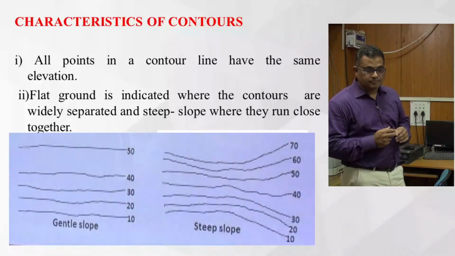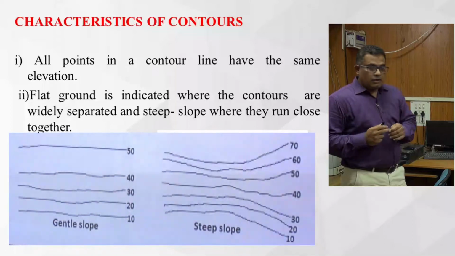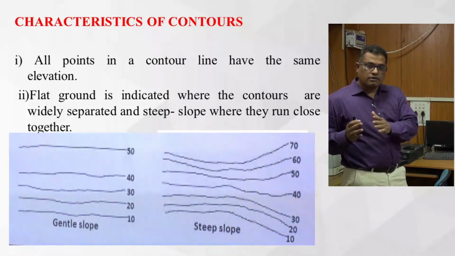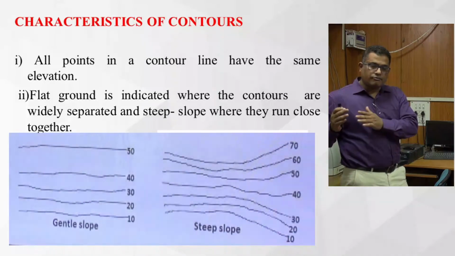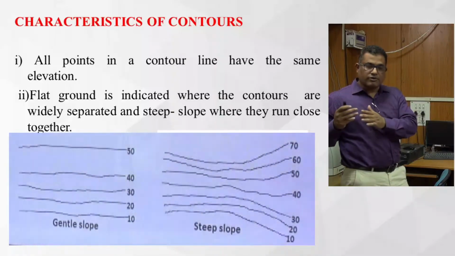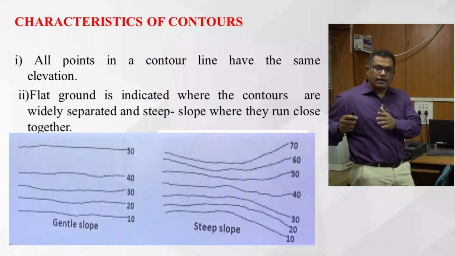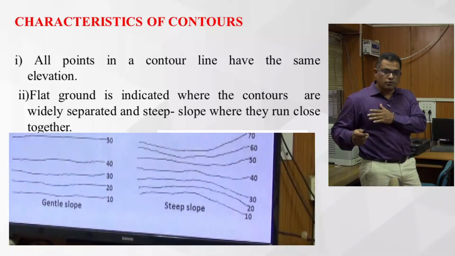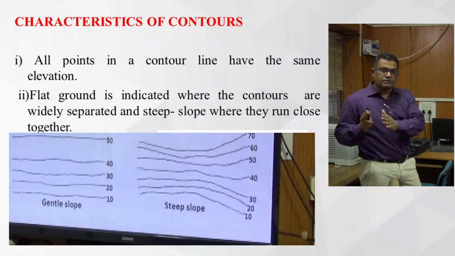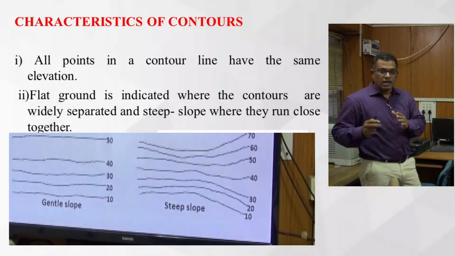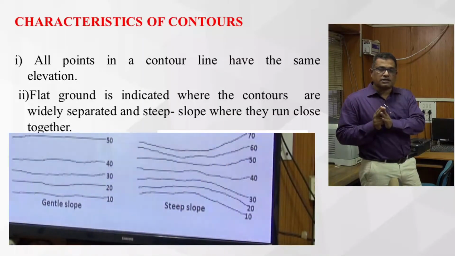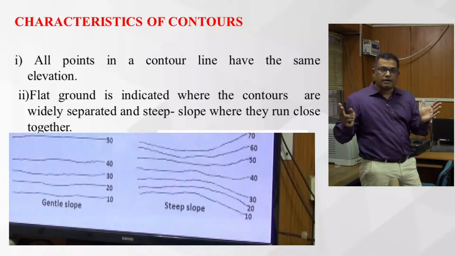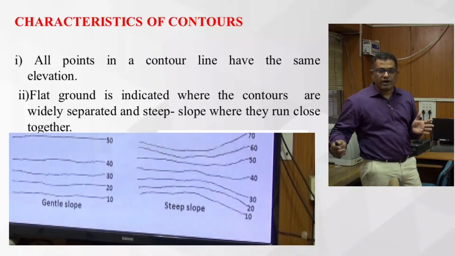Second, the observation of contour lines will tell us whether a land is flat, hilly, steep or uniformly sloped, depending upon the distance between two successive contours. If they are close together, then it is a steep land. If they are wide apart, that means it is a rather flatter land.